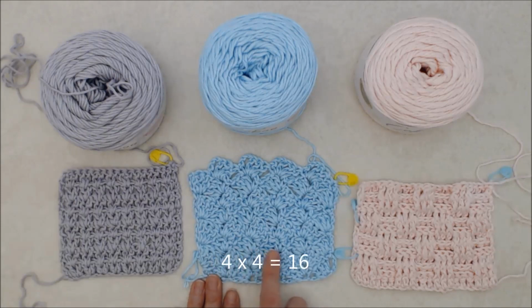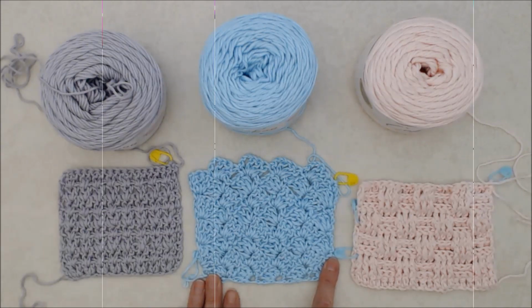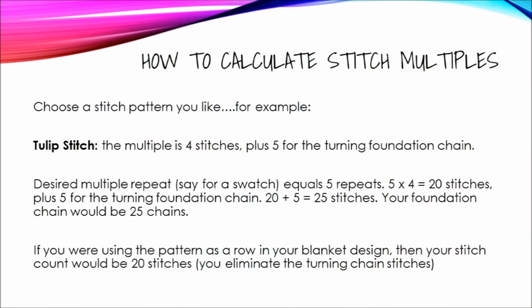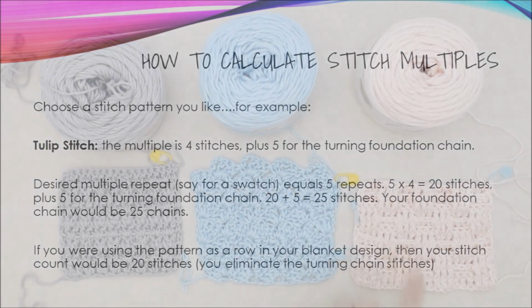So you could either do 4 times 16, or you can do 4 times 5, which is 20. So I would choose 4 times 5. So you would have 20 chains plus 5 for your turning chain. So that would be 25 chains for the foundation chain. And again, I have this written example here.